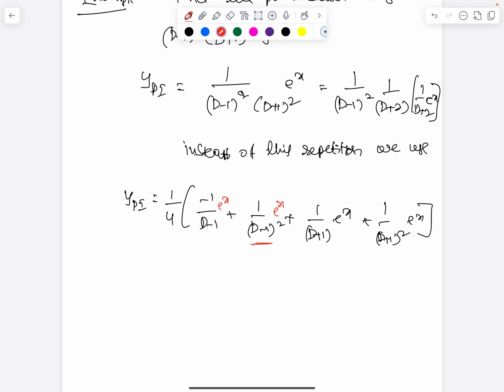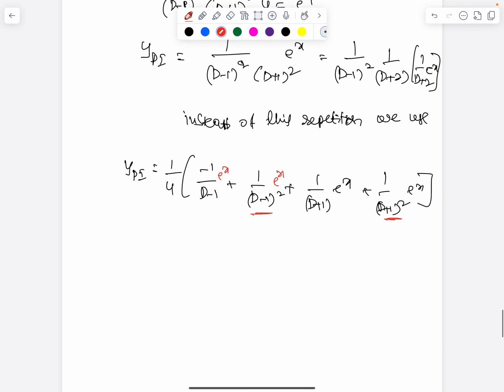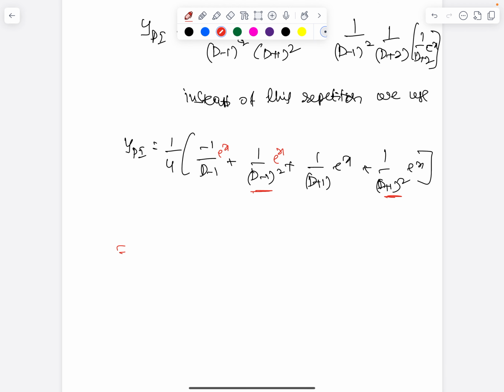The disadvantage is that here you have to apply the integration 2 times, here also 2 times, that is 1 by 4 times. Look at that, minus 1 into, according to this the minus sign is there, therefore it must be with plus sign outside. Integration of e power x into e power minus x inside dx, and plus 1 by d minus 1 whole square is there. That means you have to apply the same thing 2 times, integration over integration.